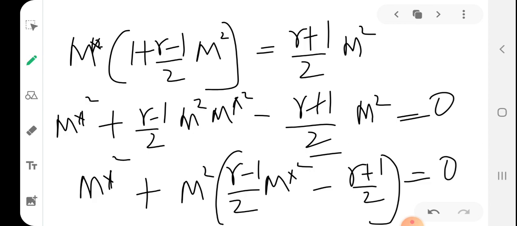I have taken Mach square outside of that bracket.